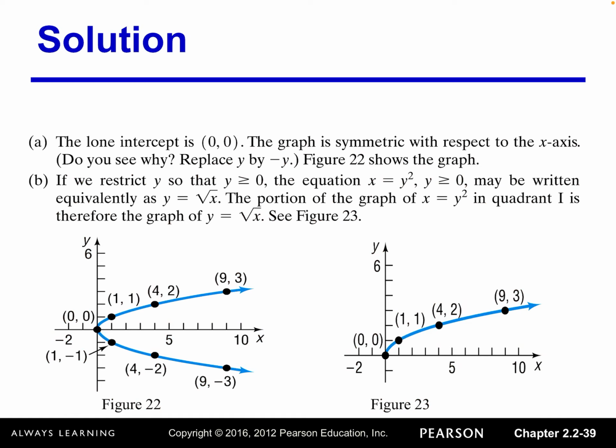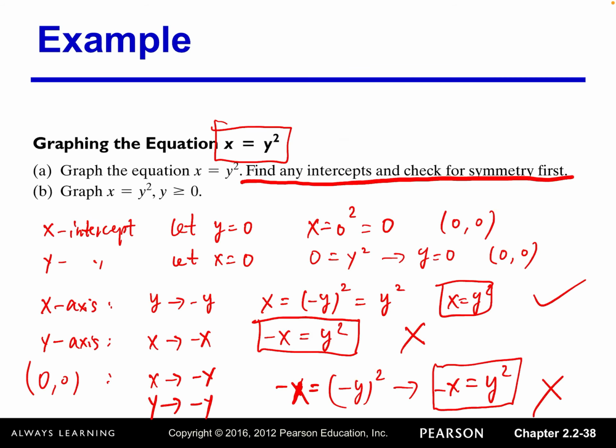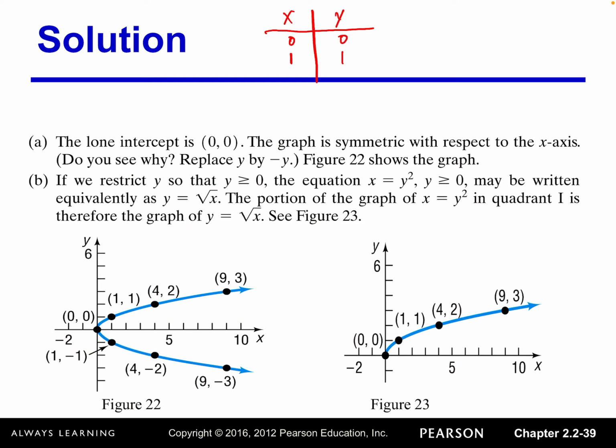All right. And then we pick up a few points, x and y. Choose x equals 0, we get y equal to 0, right? x equals 1, and then x equals y squared, so 1 squared is still 1. Right, x equals y squared, that's right.